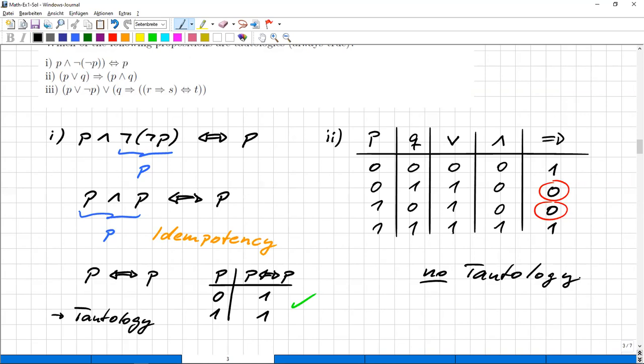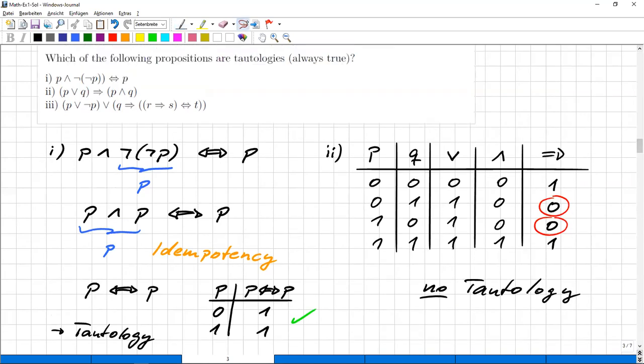In any case, did I write it correctly? Tautology, I think so. Here, what would be the case if we exchange premise and conclusion? So just for a moment, imagine it would say P and Q implies P or Q. And this time it will be a tautology.